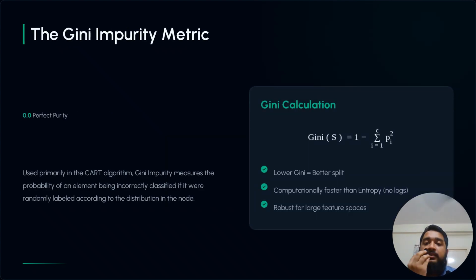Gini impurity is used in CART, classification and regression trees. It is when we subtract from 1 the squared summation of the probability of a decision happening or not happening. This is not Gini.